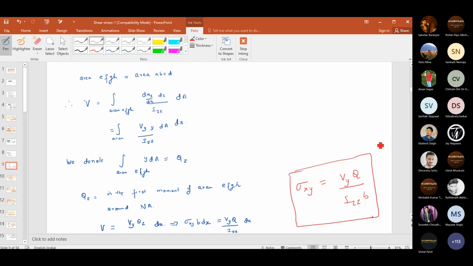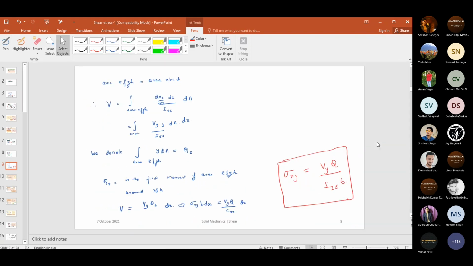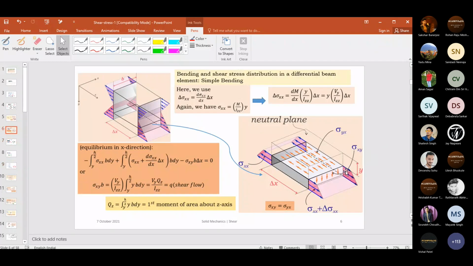Okay, the same thing we have also derived in this, because I thought there are some portions where you might get confused. Then this is the neutral plane. This is the dy we have considered, delta x, and this is the distance from the neutral plane.